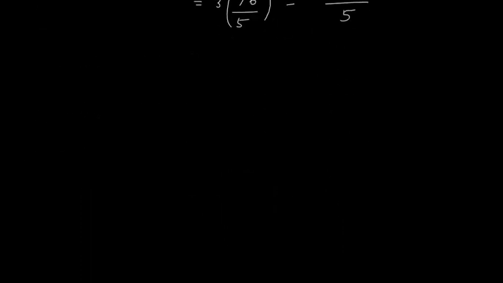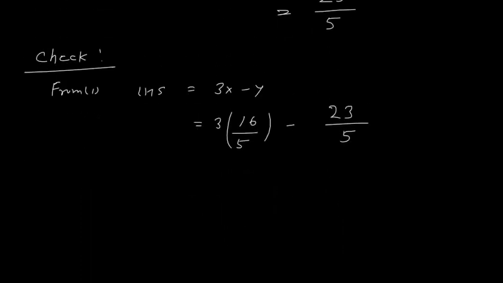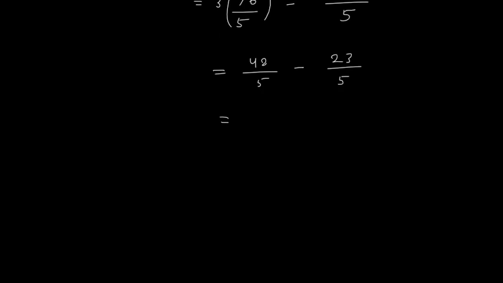So 16 times 3 is 48. So this becomes 48 upon 5 minus 23 upon 5, which is 48 minus 23. So 8 minus 3 is 5, and then 3 minus 2 is 1 upon 5. So 5 threes are 15.